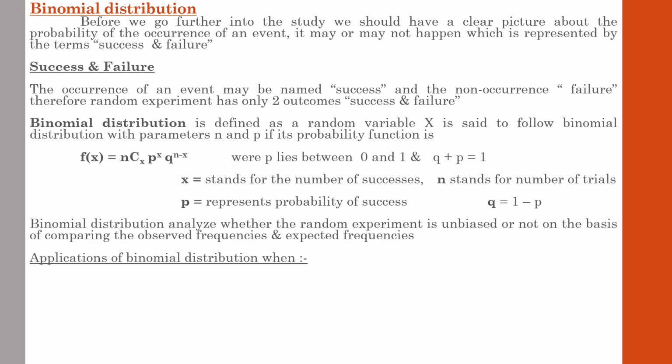Usually in business, it is very widely used in quality control. It is also used for sampling and inspection of various items, and in research areas likewise. In higher studies, you will study the concept of binomial distribution in detail.